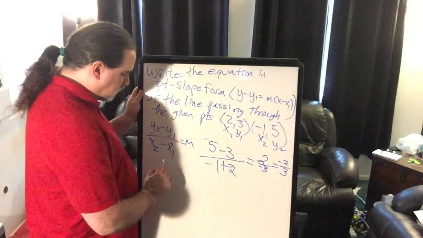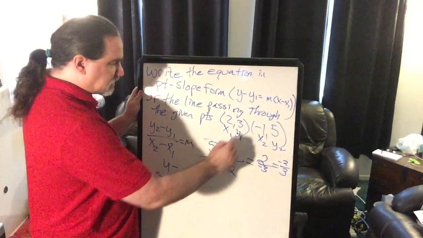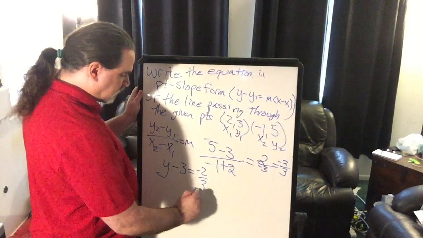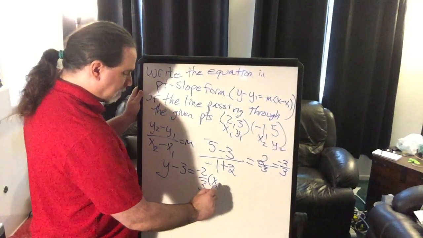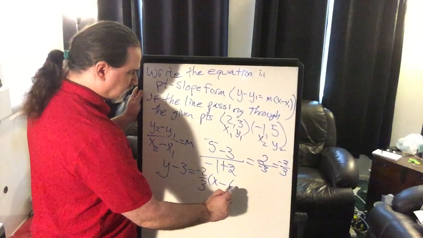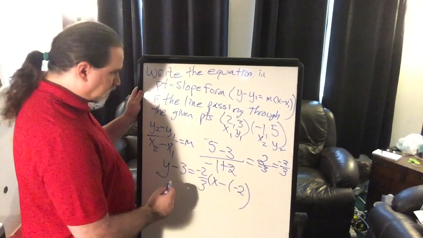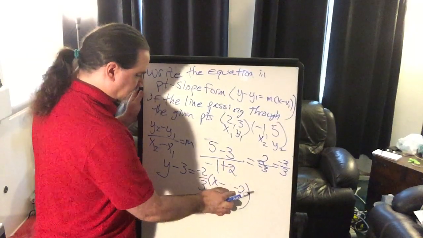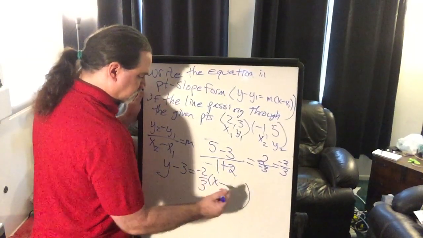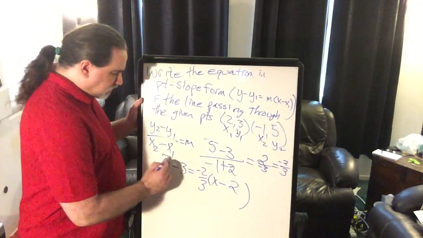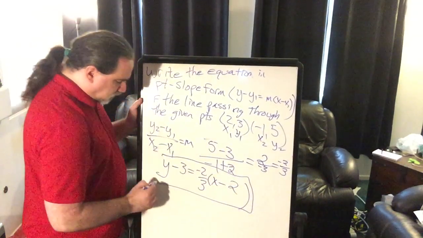So I'm going to say y minus 3 equals -2/3 times x minus -2. And I would clean that up. Sorry, I wouldn't say minus -2. What am I saying? Just say x plus 2, because it's a 2. And that's it. That's one possibility.